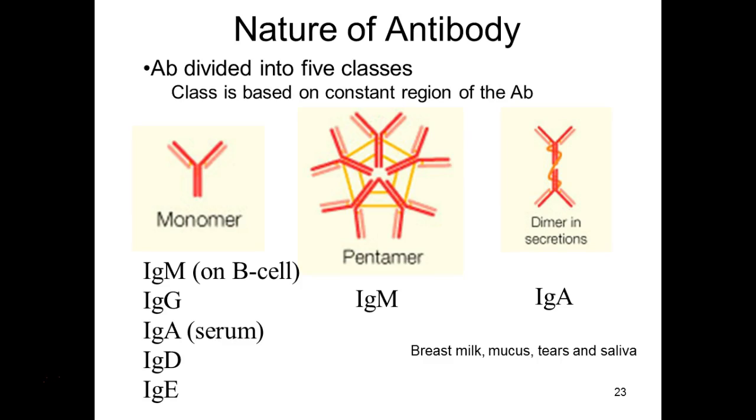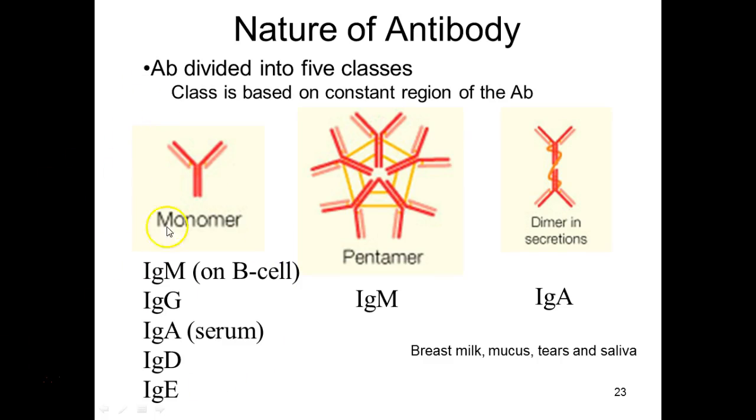Now, on the surface of your B cell, that very first class of antibody that it makes is IgM. But this is actually embedded in the membrane of the B cell, the FC portion, and the antigen binding portion is sticking out. We've also found in recent history that IgD is also on the surface of the B cell, that class of antibody.